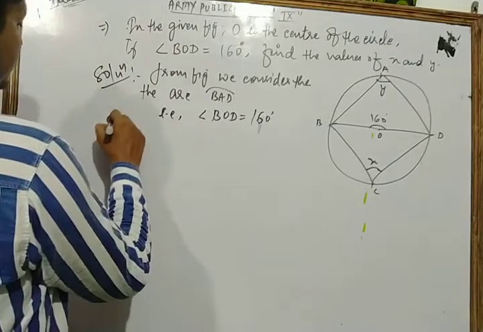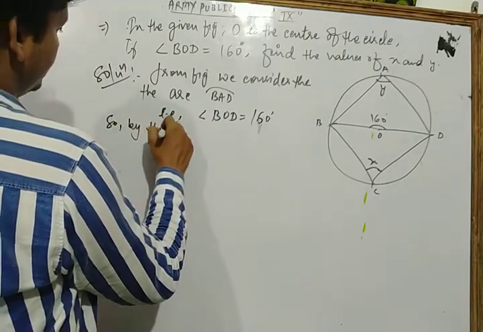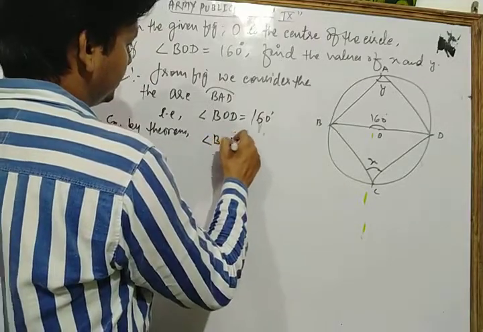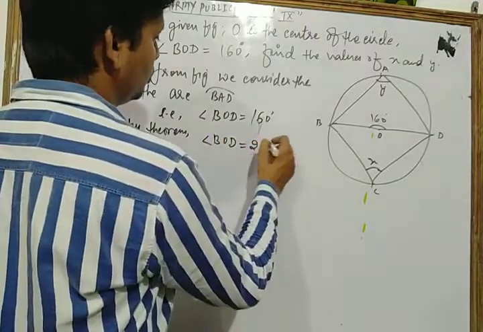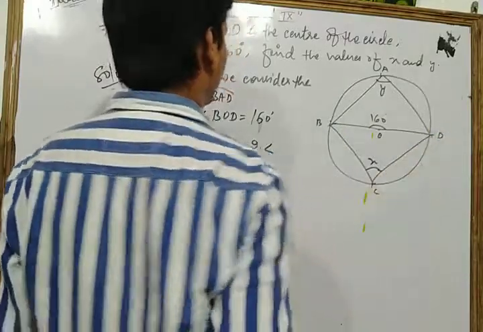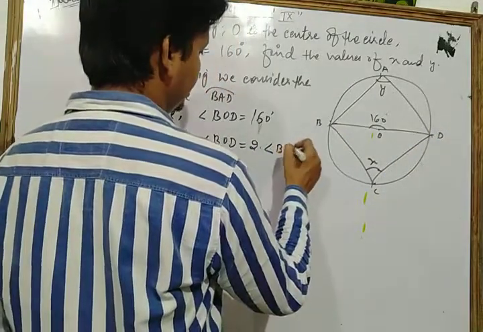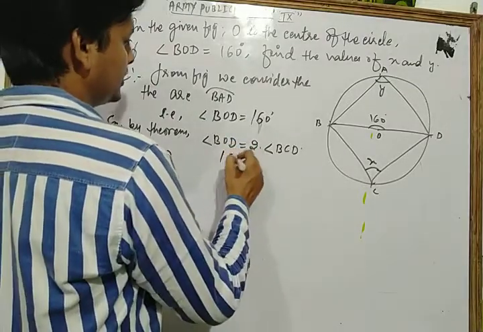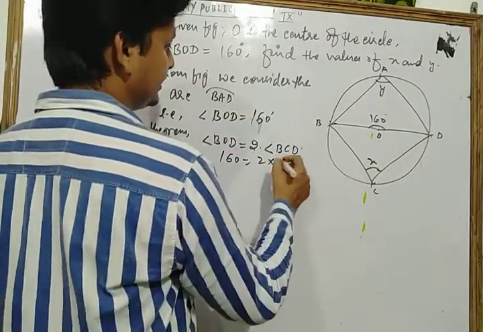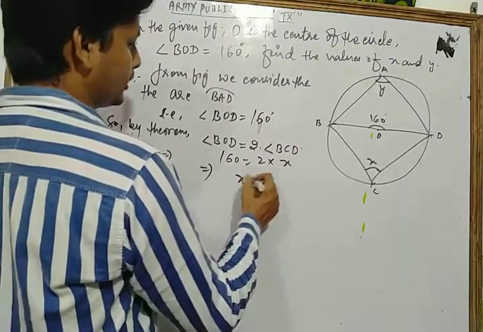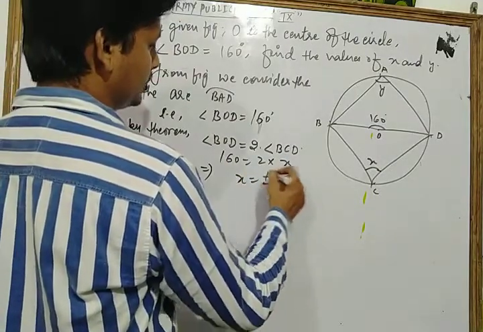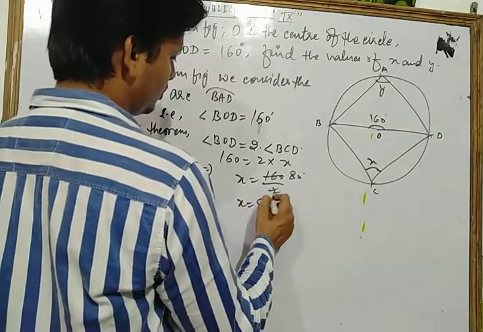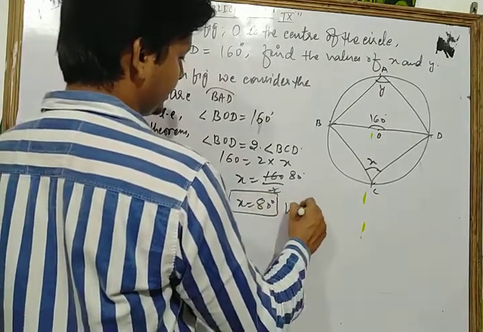So by the theorem, angle BOD is equal to 2 times angle BCD. So dear students, BOD is 160, equal to 2 times angle, this is x. So the value of x is equal to 160 upon 2, that is 80. The value of x is equal to 80. One answer is that.